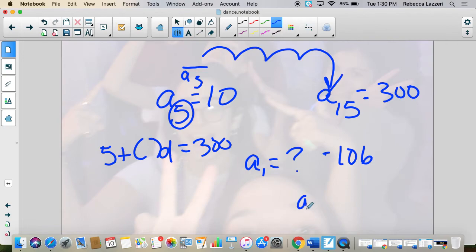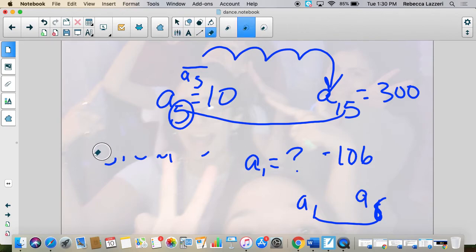Remember how, girls watch, how are you gonna get from the first term to the 8th term? Don't you have to add 7 times? So to get from the 5th term to the 15th, you need 10 of these. Oh, I'm sorry, I wrote that down wrong if you were copying.